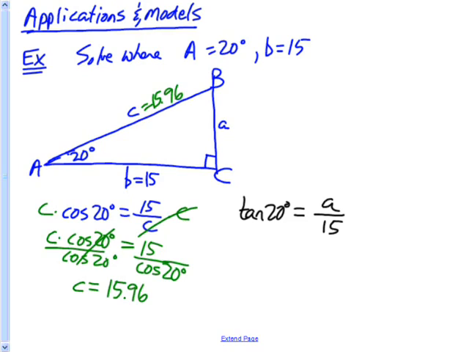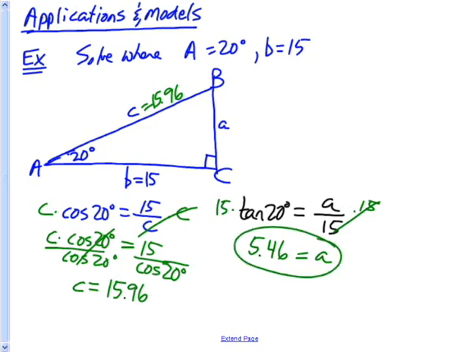Then we just multiply both sides by 15, and we'll be done with this. So 15 times tangent of 20 degrees. Make sure that your calculator's in degree mode, of course. And that should spit out 5.46. So there's the side length a.